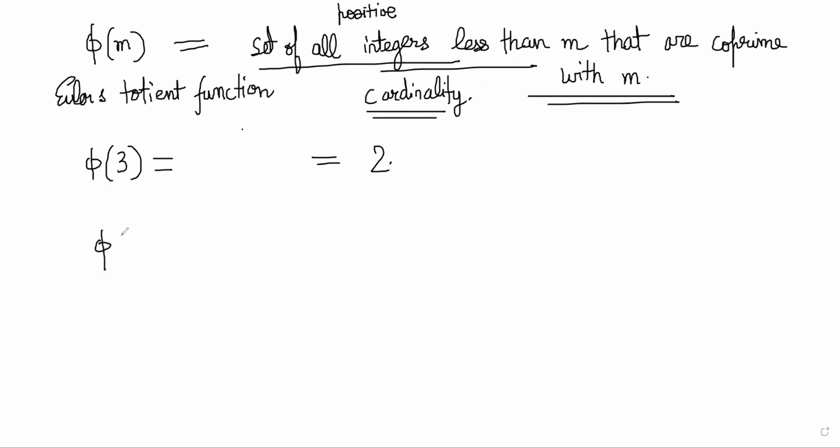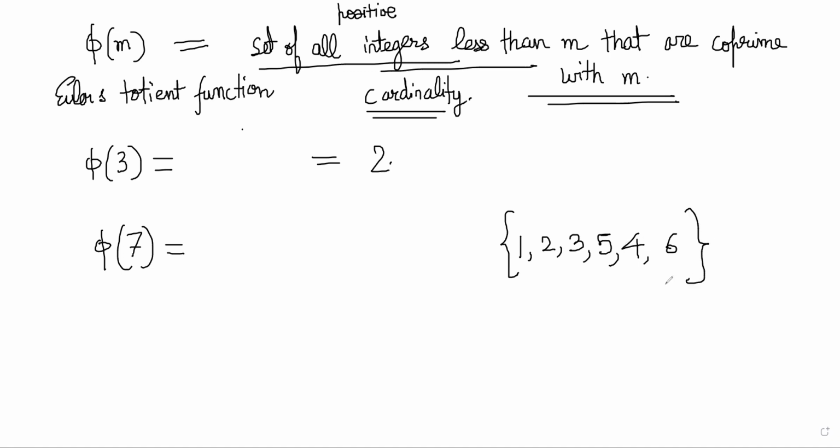So you can see phi of 7, for example. Phi of 7 would be all the positive integers that are less than 7 and co-prime with 7, right? So 1, 2, 3, actually 4 also, and 5, 6 also, right? So there are 6 integers here, all of which are co-prime with 7, and they are positive integers.